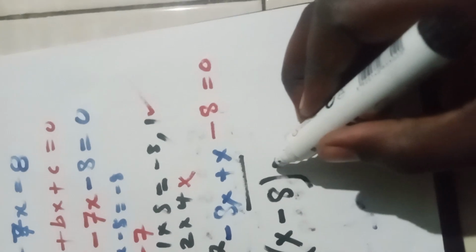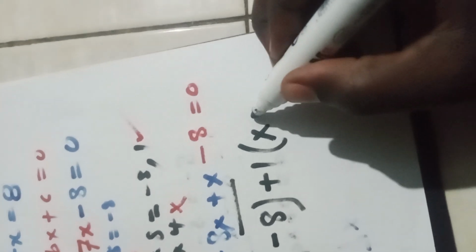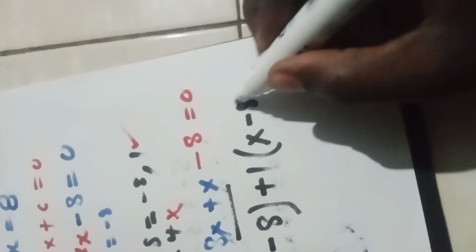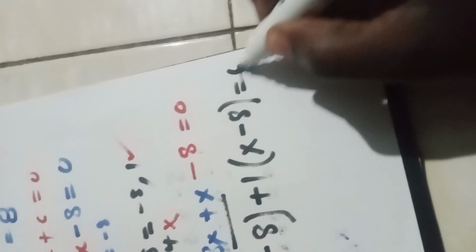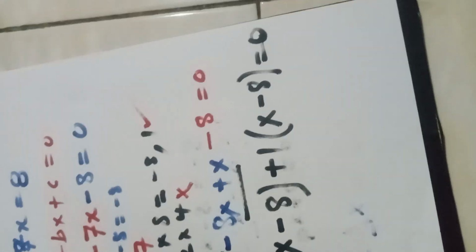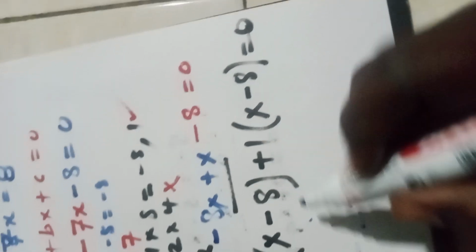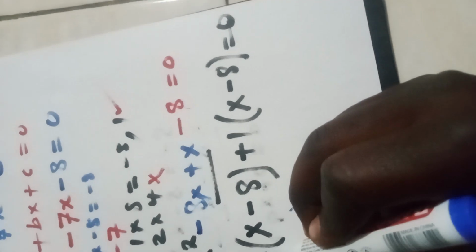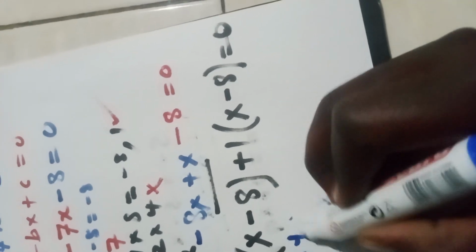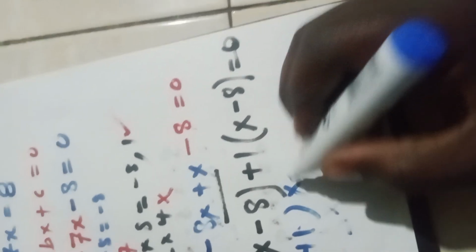The other side you're going to have positive 1 that's going to be common. Then in that one you're going to have x, then minus 8, like that. So everything that has to be in the brackets, they have to be the same, so that you pick just one. So here we're going to get x plus 1, alright. Then from the brackets, just get x minus 8 as well.